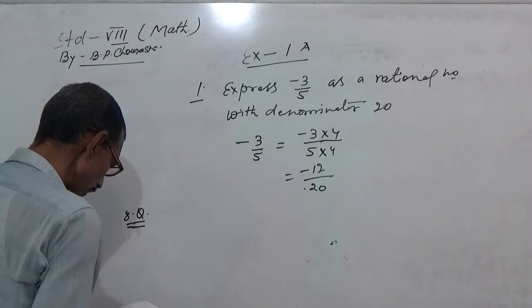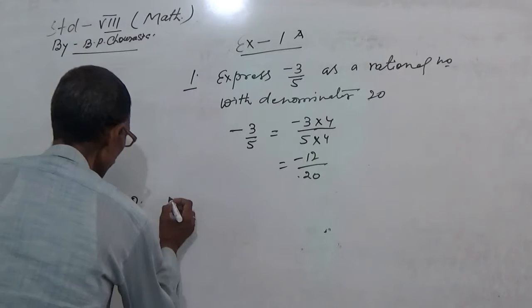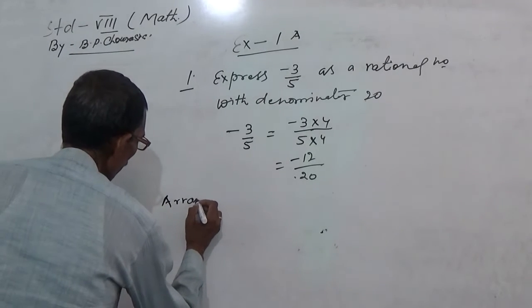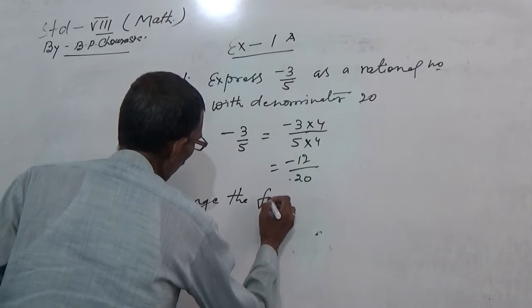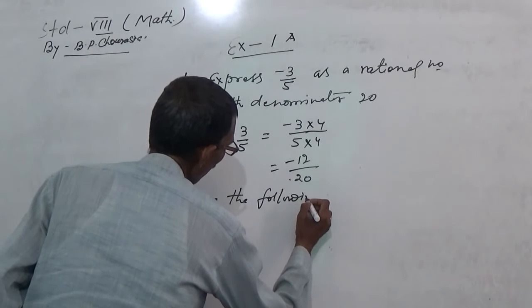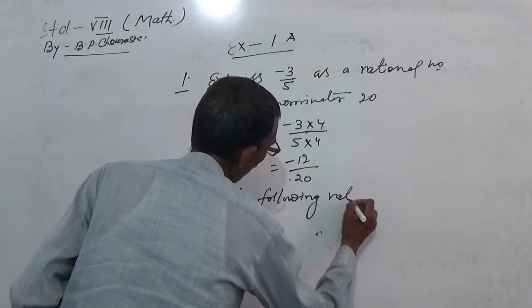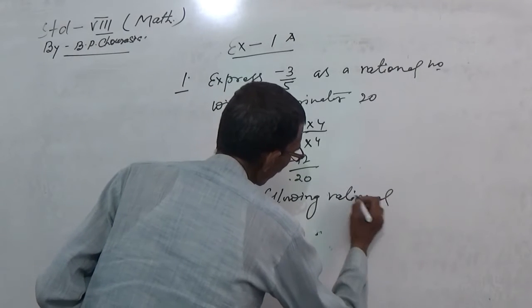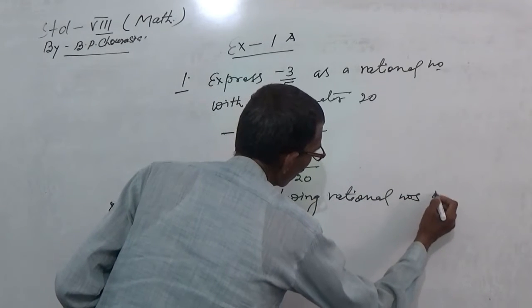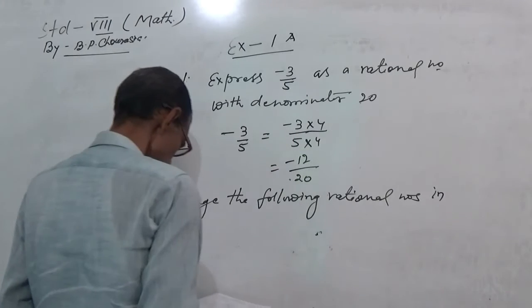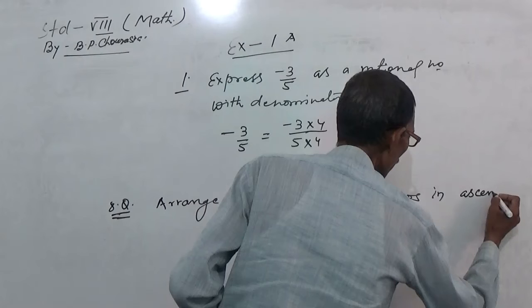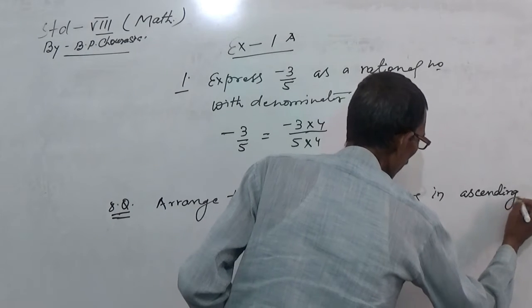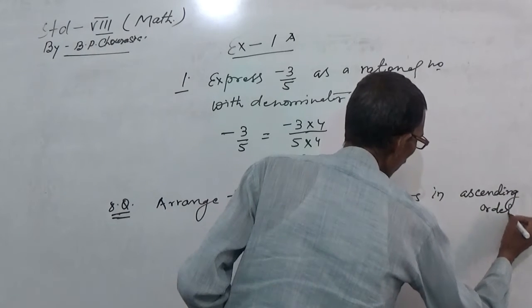Arrange the following rational numbers in ascending order.